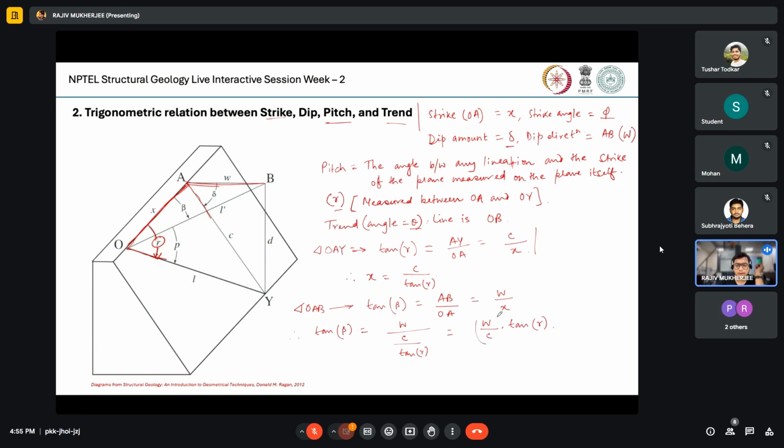So what does W by C mean? W by C is nothing but the relation between the base and the hypotenuse for the angle ABY, which contains angle delta. So W by C is basically AB by AC, AB by AY, which is cos delta, right?